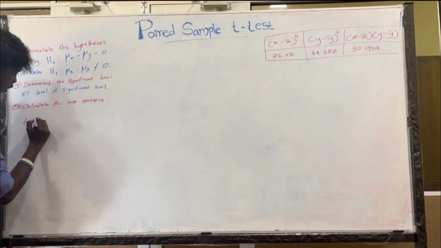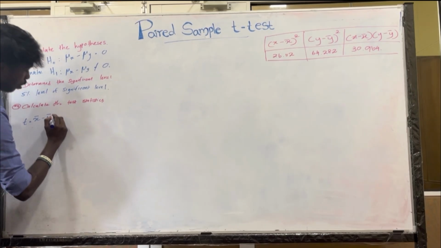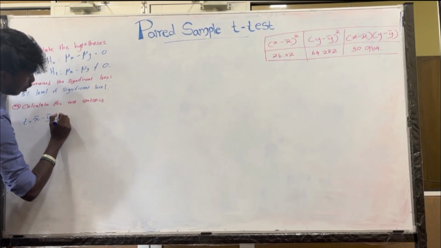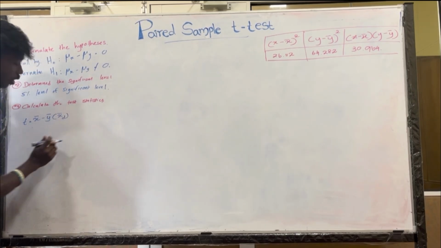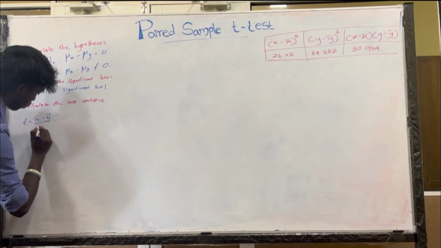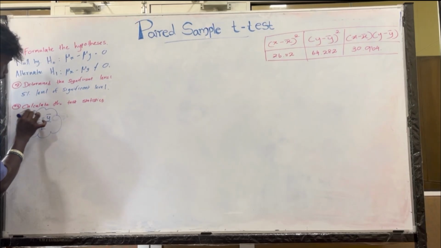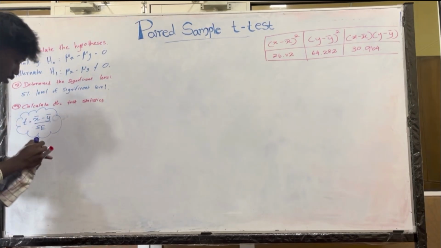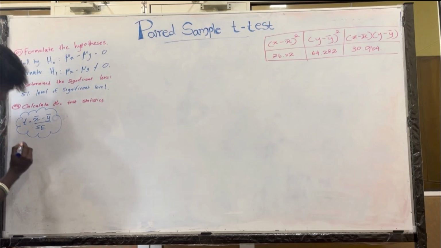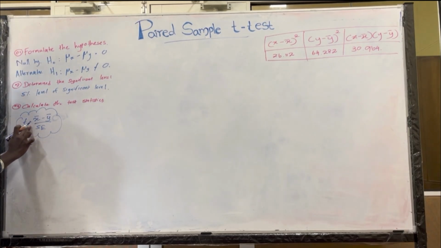The t value is x bar minus y bar, which we represent as the mean difference, and divided by the standard error. This is the first formula you should identify. So let's write t equals x bar.